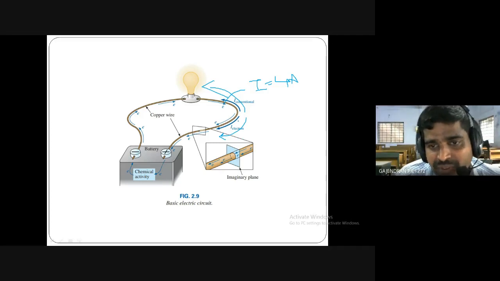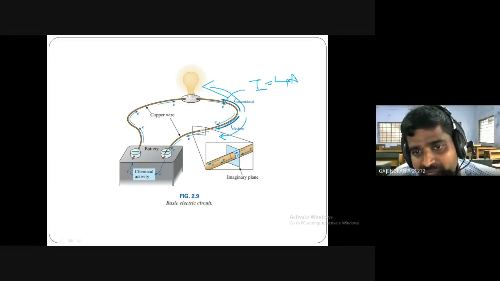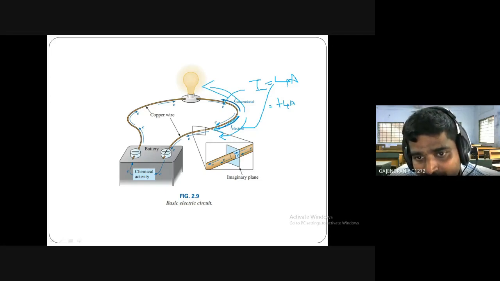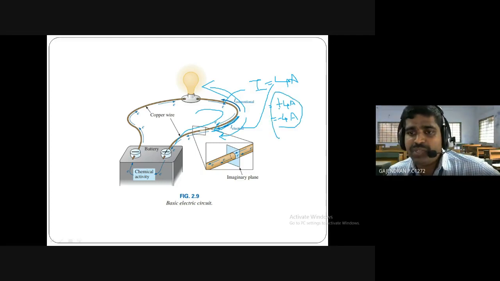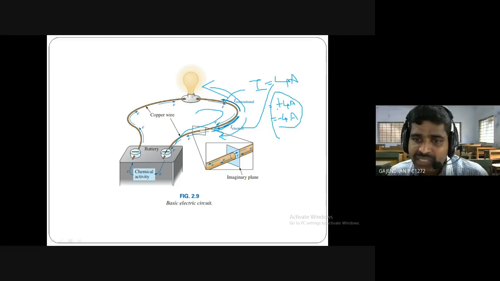If our assumed direction and the actual current flowing direction are both the same, the magnitude will be considered as positive 4 ampere. If our assumed direction is one way, but the actual current flows in the opposite direction, we will consider it as minus 4 ampere. Can you identify this difference? Why are we putting these two sign differences?